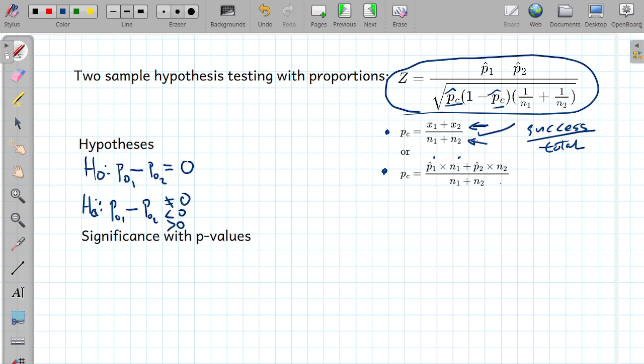So significance with p-values, just a reminder for everyone that if you're not told what the significance level is, you're going to default to 5% unless you have a reason otherwise. Now, this can also be 10%. This can also be 1%. Technically, you can set this to whatever the situation requires it to be, but you should have a reason for doing so.